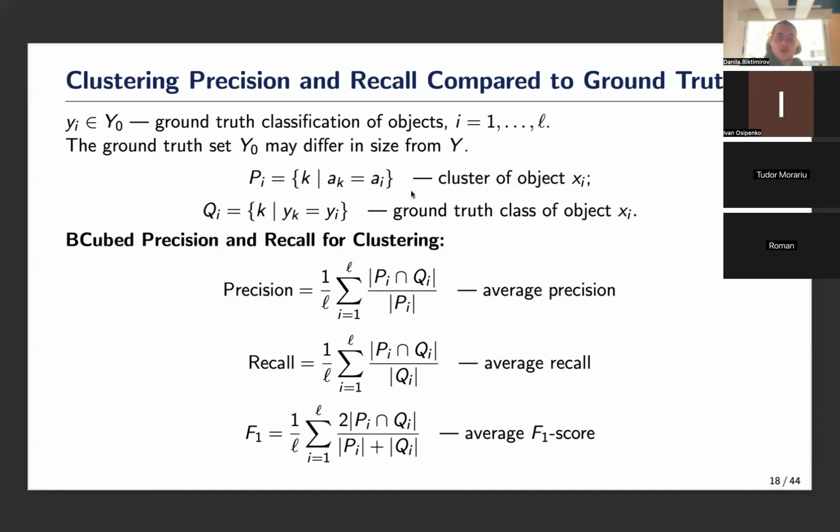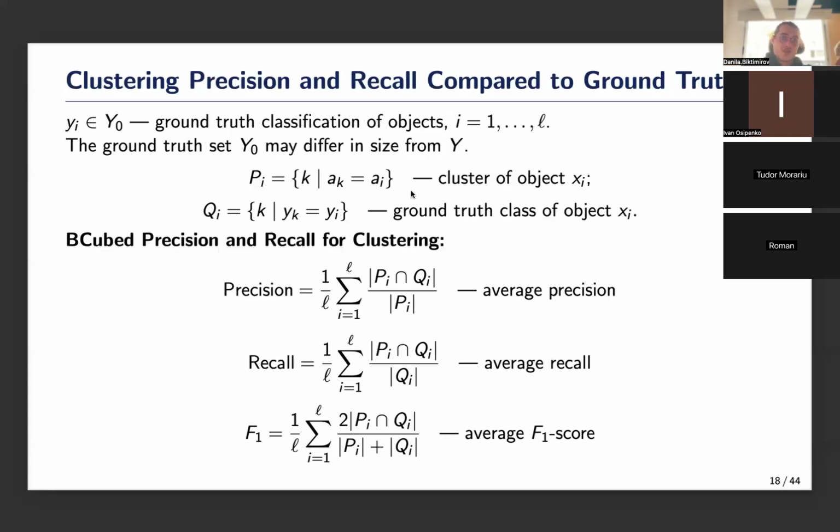So how can we measure clustering quality in such cases? Instead of directly comparing clusters to their ground truth labels, as we did in classification problems, we should evaluate how well each individual object is grouped using a method called B-cubed precision and recall.